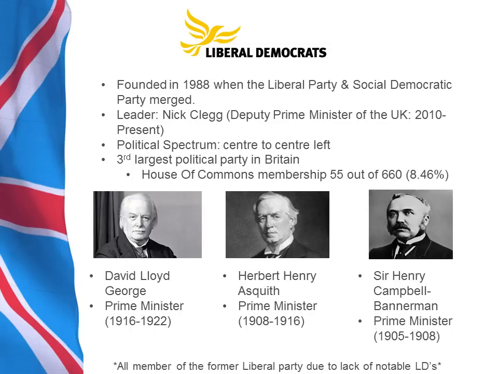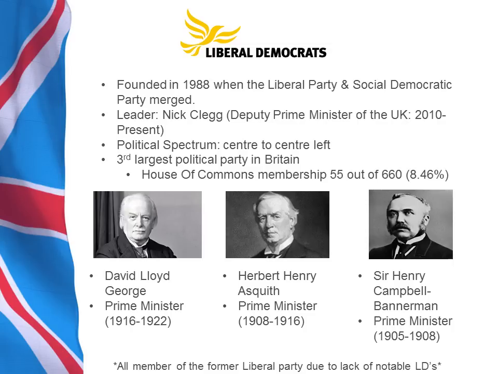So those three pictures are from the Liberal Party, and they were the most recent prime ministers from a party that isn't the Conservatives or the Labour Party. Those gentlemen are David Lloyd George, to your left, who was the prime minister from 1916 to 1922. Herbert Henry Asquith was the prime minister from 1908 to 1916, and he's pictured in the center.